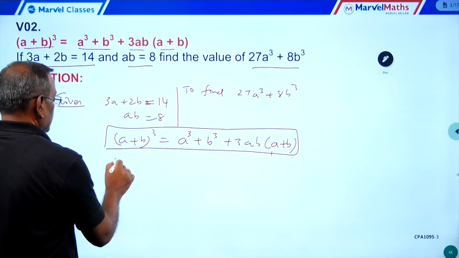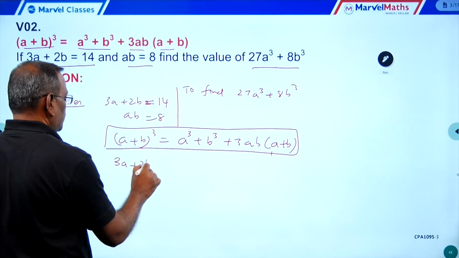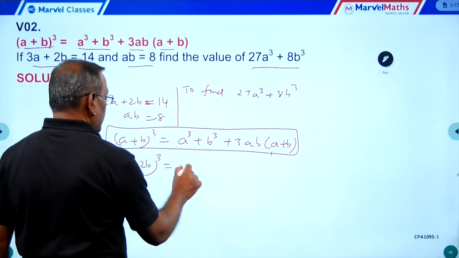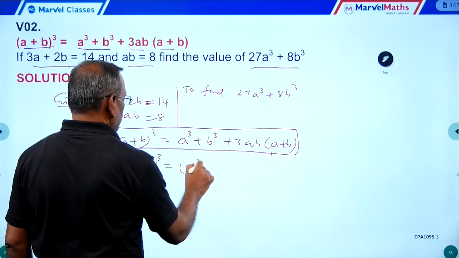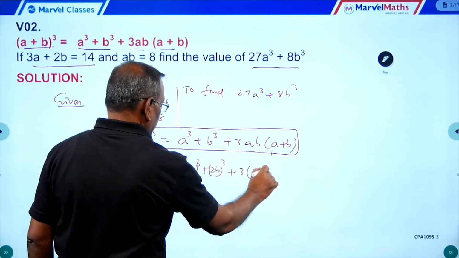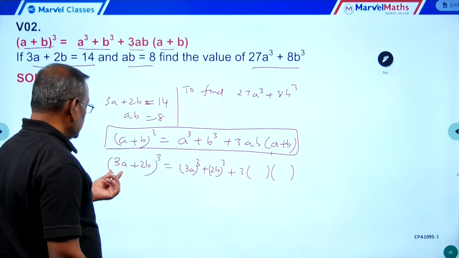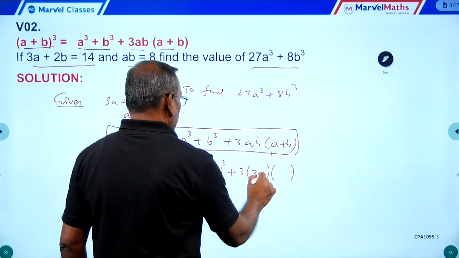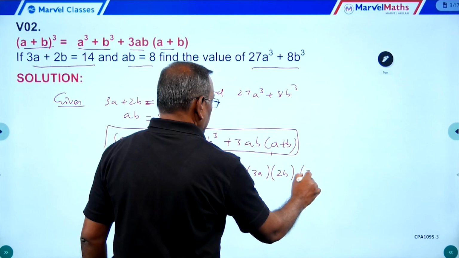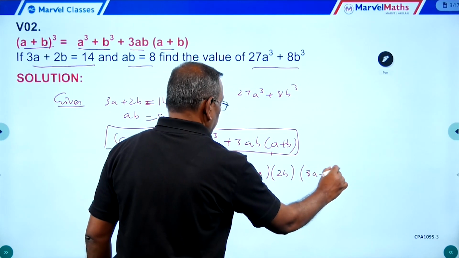In our case, 3a plus 2b the whole cube equal to 3a whole cube plus 2b whole cube plus 3 into a into b, where a is the first term, 3a, and b is the second term, 2b, into 3a plus 2b.